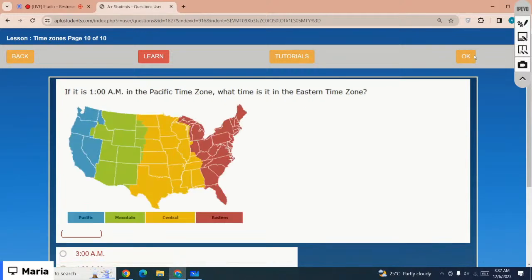If it is 1 a.m. in the Pacific time zone, what time is it in the Eastern time zone? Which is the correct option?